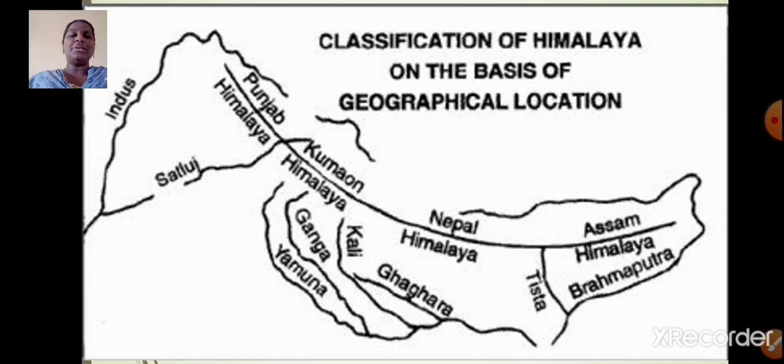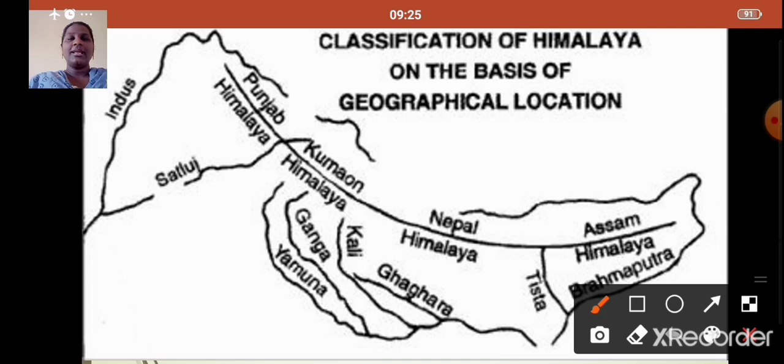Besides the longitudinal divisions, the Himalayas have been divided on the basis of regions from west to east. These divisions have been demarcated by river valleys. So just have a look at this map, students. The part of Himalayas lying between river Indus and Satluj is called Punjab Himalayas.